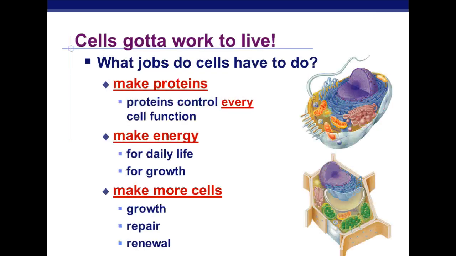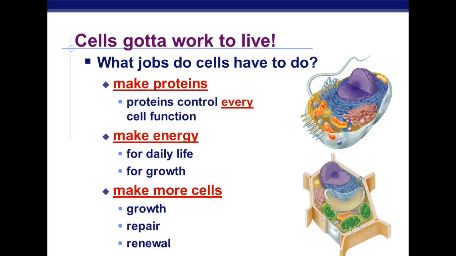So let's get started. Write in your notes that nearly all cells have three important functions. The first is to make proteins, which we've already studied, protein synthesis. And we know that proteins literally control every cell function, mostly as enzymes. Second function is to make energy, which happens in a process we'll soon be focusing on called cellular respiration.